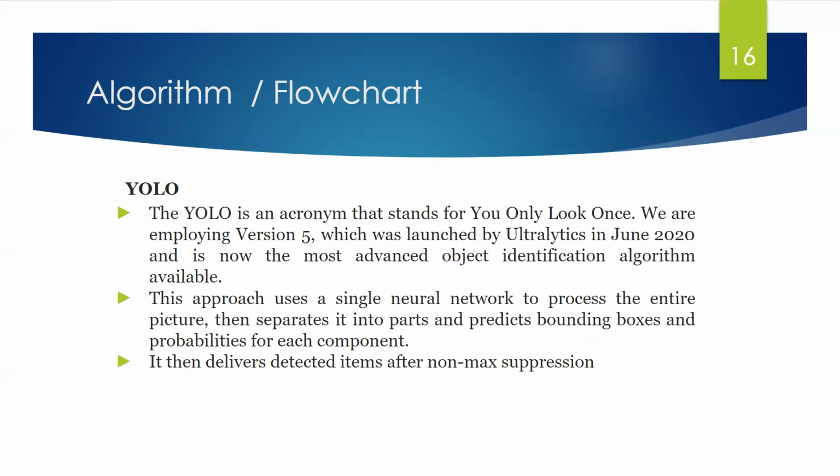In the YOLO object detection model, the approach used is a single neural network to process the entire picture, then separate it into parts and predict bounding boxes and probabilities for each component. It then delivers detected items after non-max suppression.